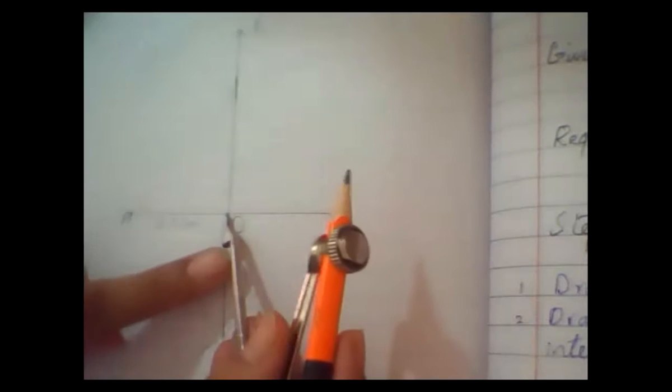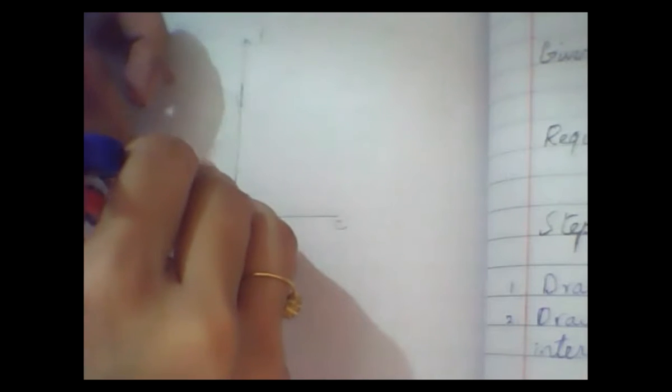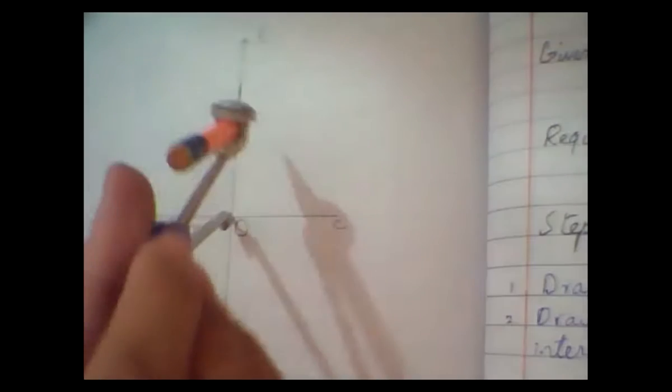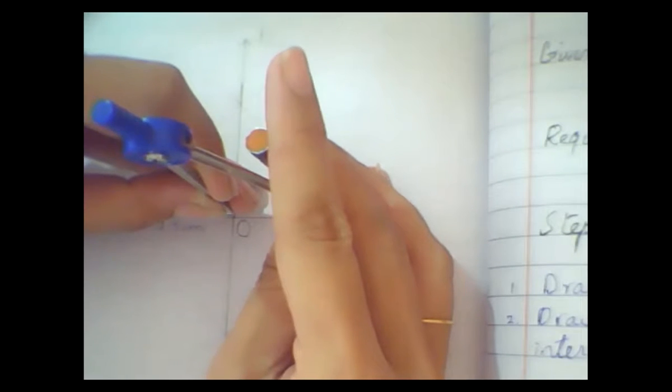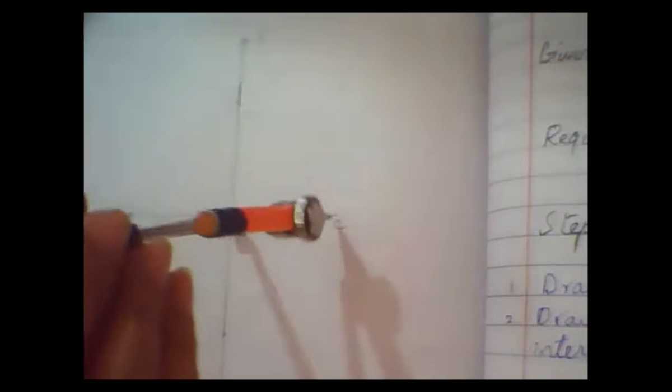Bete, I have to put the compass. Now look at the diagram. I have to put the compass here at the point O, and open the compass from O till A or O till C. You can see that the measurements are the same.